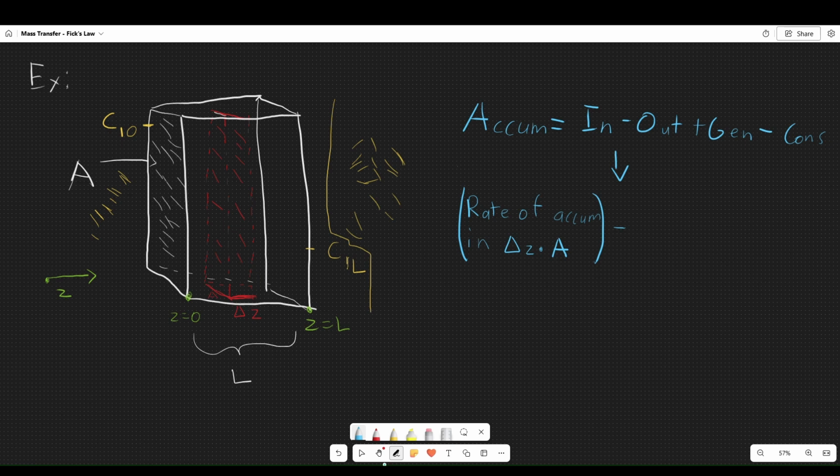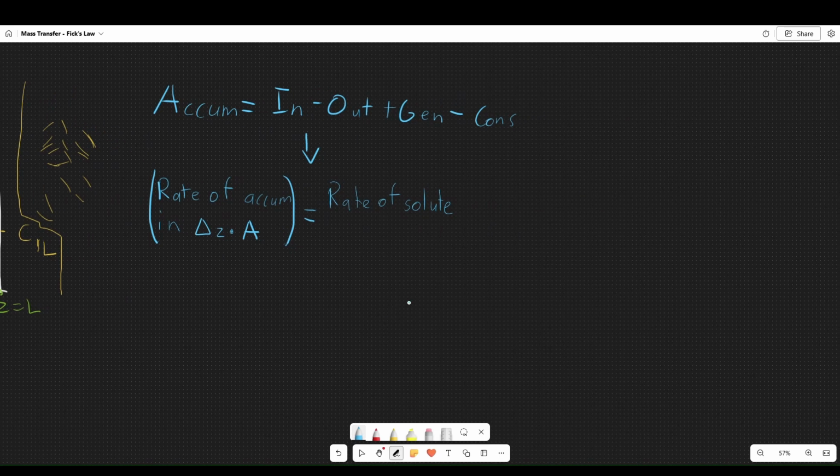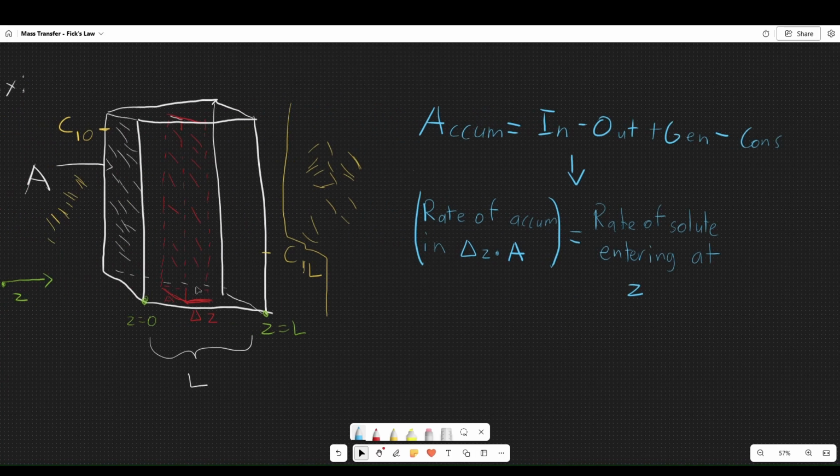Perfect. And that's equivalent to whatever comes in, which is the rate of solute entering at z. If we call this starting location z, that makes this z plus delta z.